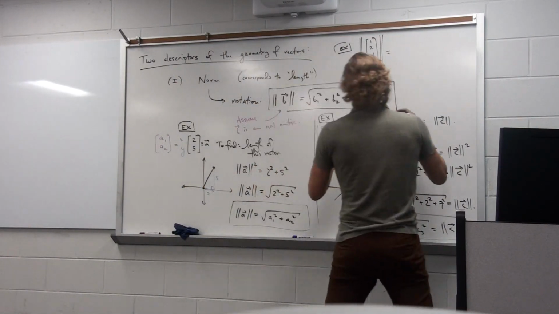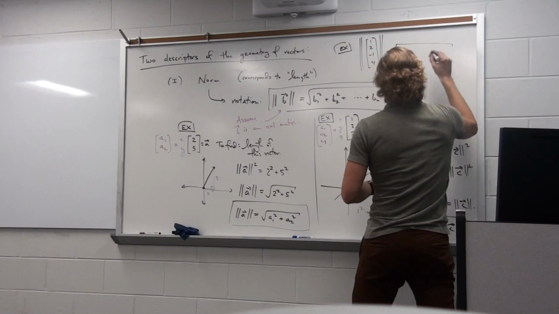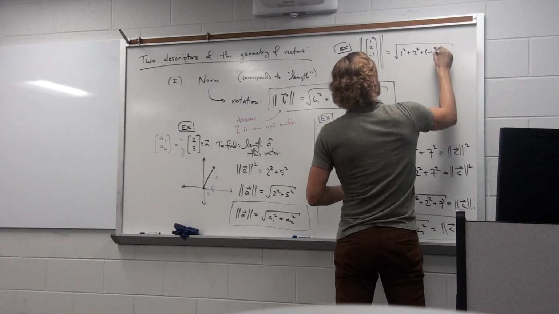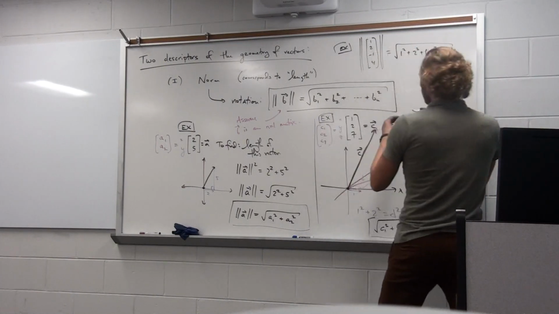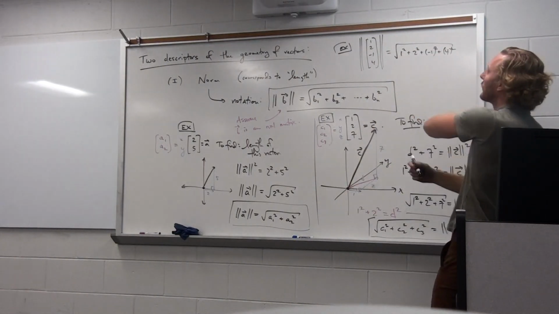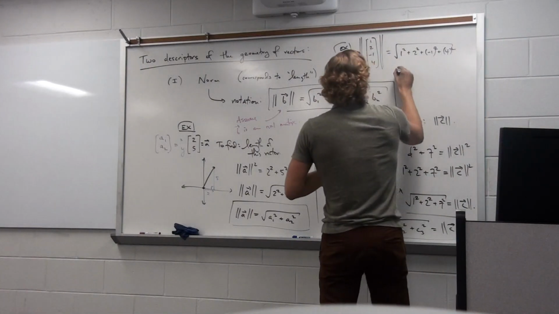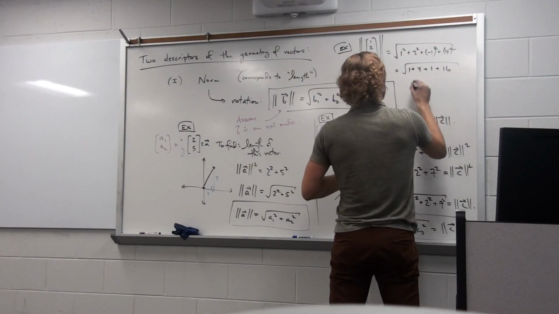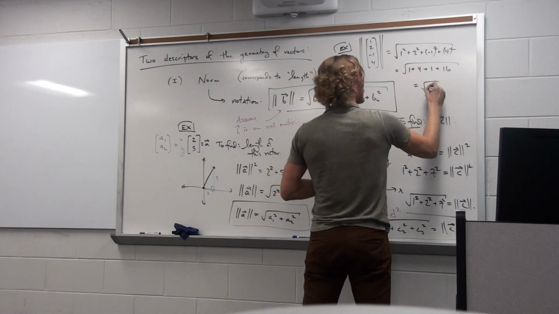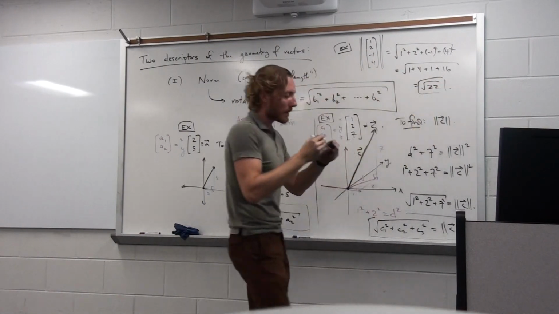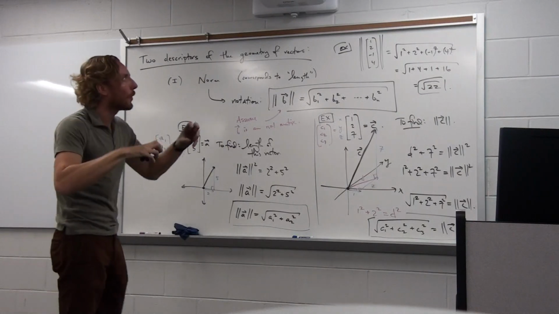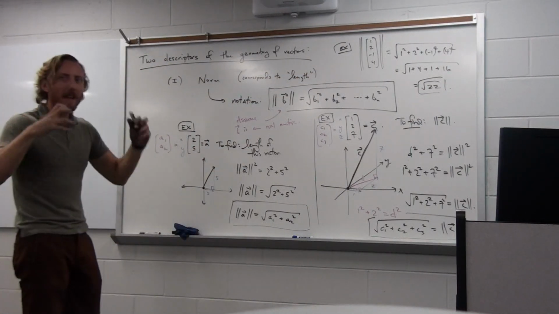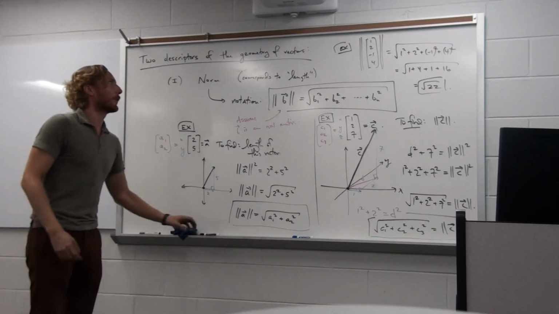The norm, as it always is, is just the square root of the sum of all of the components squared, and when you add this up, you get 1 plus 4 plus 1 plus 16, so that's the square root of 22. Whatever that number turns out to be is the norm of this vector in 4-dimensional space, in effect, whatever the length of that vector is in 4-dimensional space.